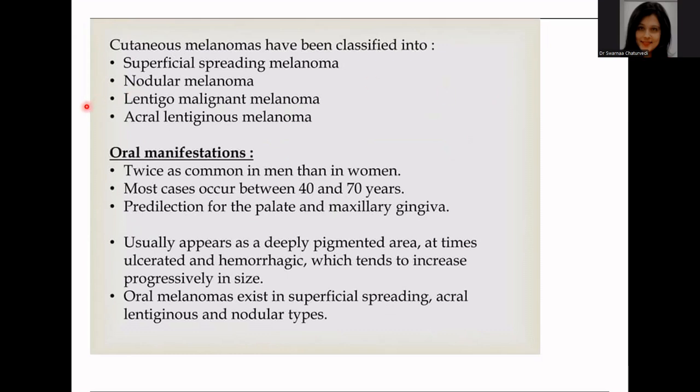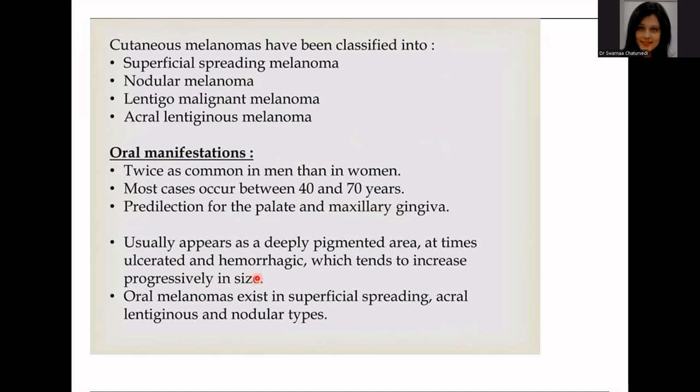Now, talking about the area of our interest, that is the oral manifestation of malignant melanoma. They are twice as common in men than in women. Again, that is 2:1 gender distribution. And most cases occur between 40 to 70 years of age. Site most commonly involved is palate, gingiva, maxillary gingiva.